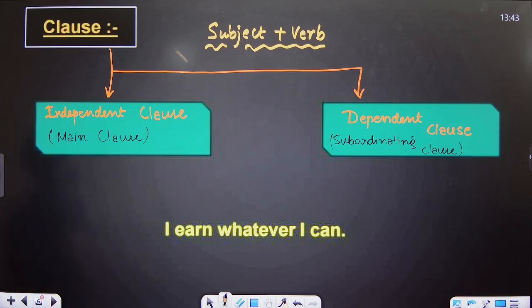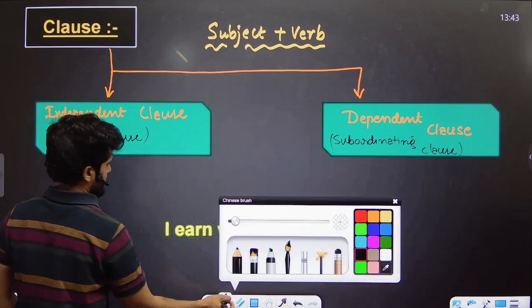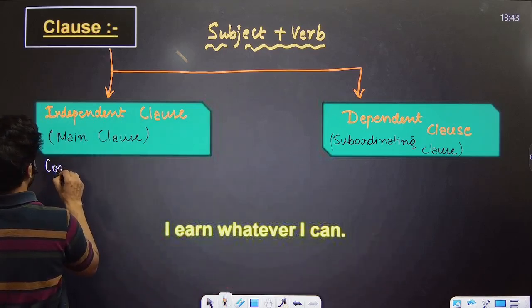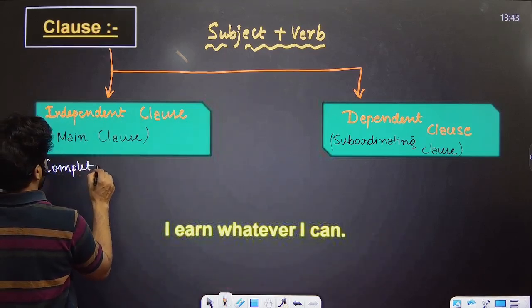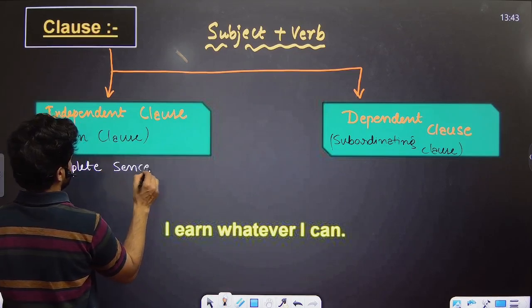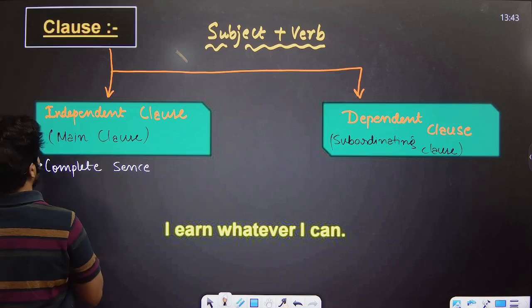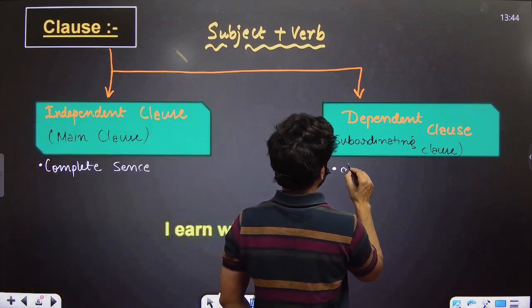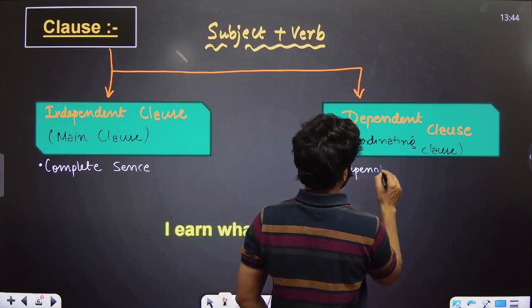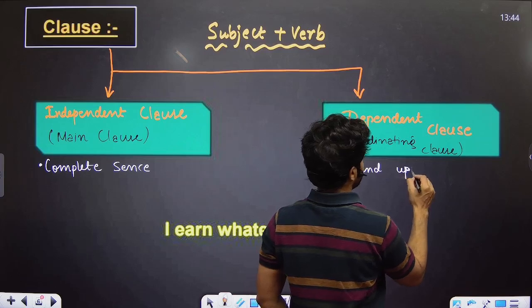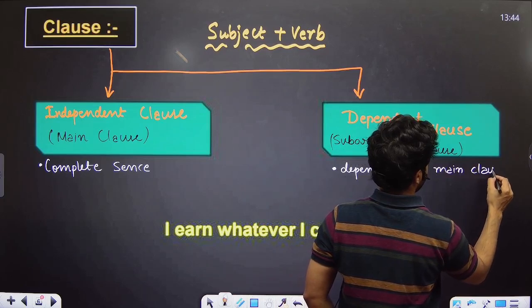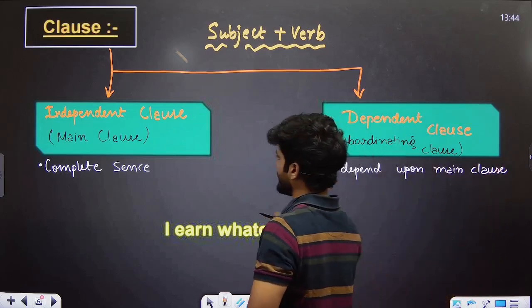See, in the main clause you will get the complete sense. You will be getting full information here. But the subordinating clause will be dependent upon the main clause to give the complete sense.